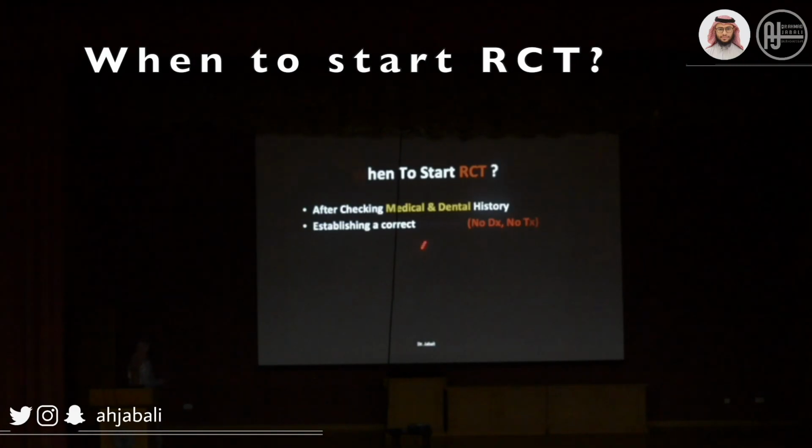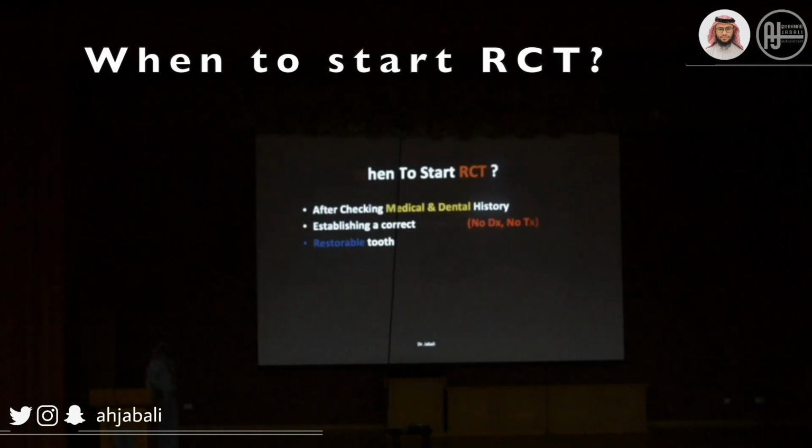So after you check the medical and dental history, you can go through the procedure, you can do the examination and get the medical and dental history, and you have to have a diagnosis. If you don't have a diagnosis, don't start any treatment. The treatment should not be started if you don't have a diagnosis.